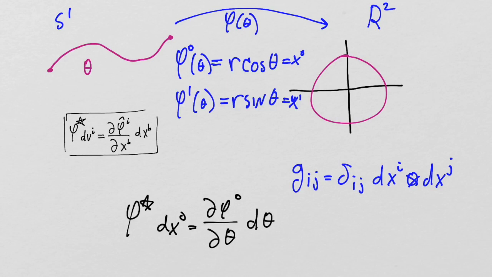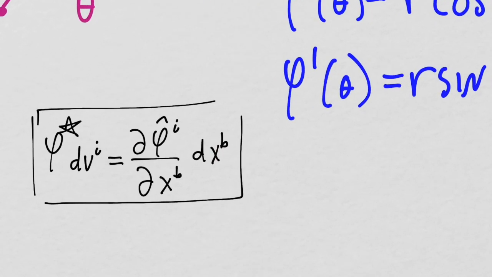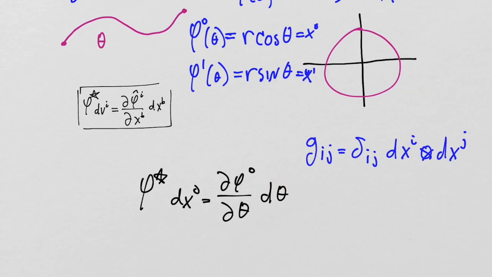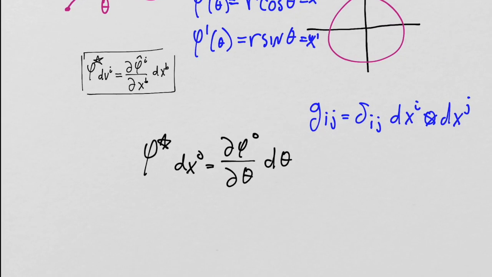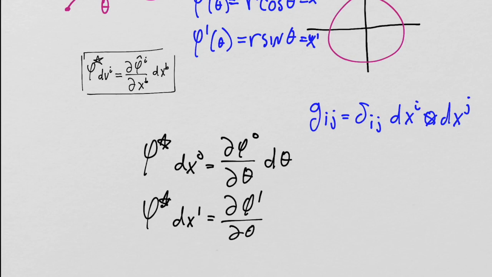Now notice there's only one dimension in S1. So there's only one possible derivative to take here. So this sum that's indicated by this Einstein sum, there's only one term, right? That's that term. And then I repeat this process for the pullback of dx^1, which is partial phi^1 over partial theta d theta.